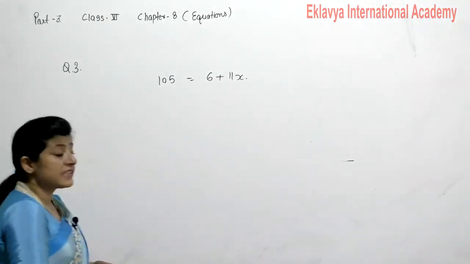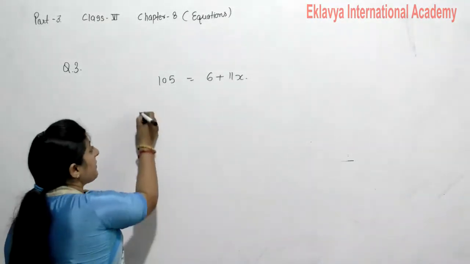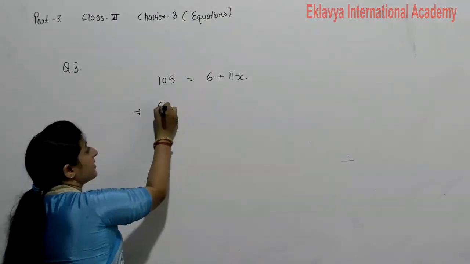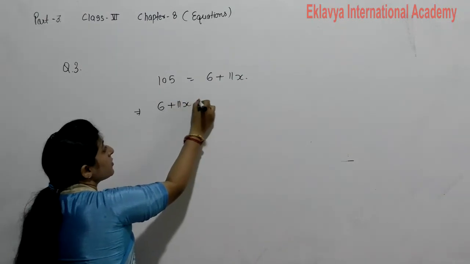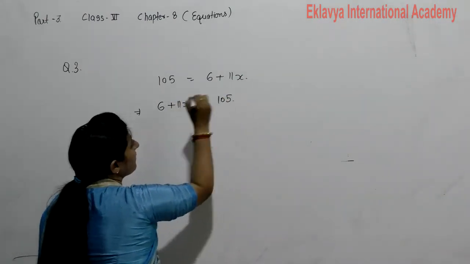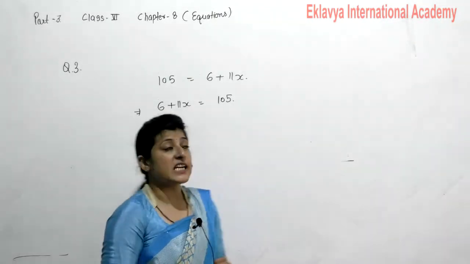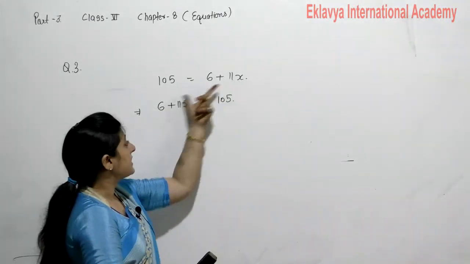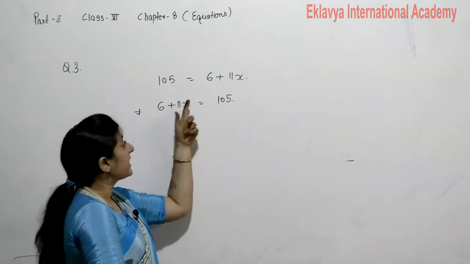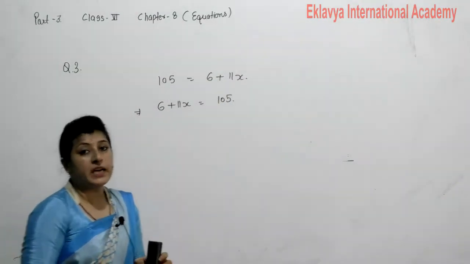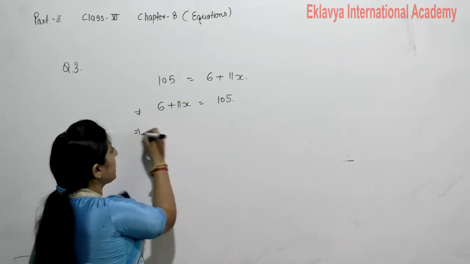Then the procedure is the same, it doesn't matter. This is an equal sign. If you want to solve with the unknown variable always on the LHS, then we change the side, there is no problem. As it is, we write down 6 plus 11x, then the equal sign, and this 105 here. Now it becomes the same question.